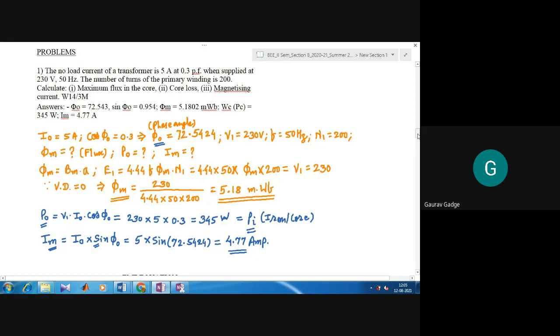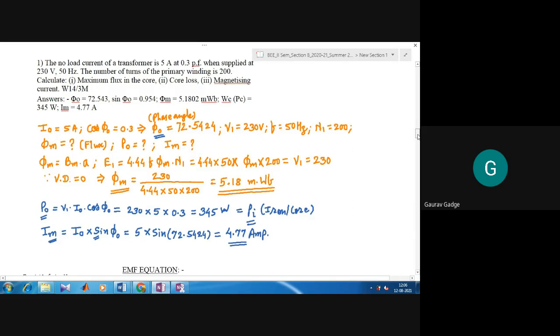We have to find out three quantities: phi m, that is flux; P naught, that is iron loss or core loss; and Im, that is magnetizing current. Now phi m can be calculated by using phi m is equal to E1 upon 4.44 f N1. Put all the values there, get the value for phi m. Now we are calculating that value in milliweber.